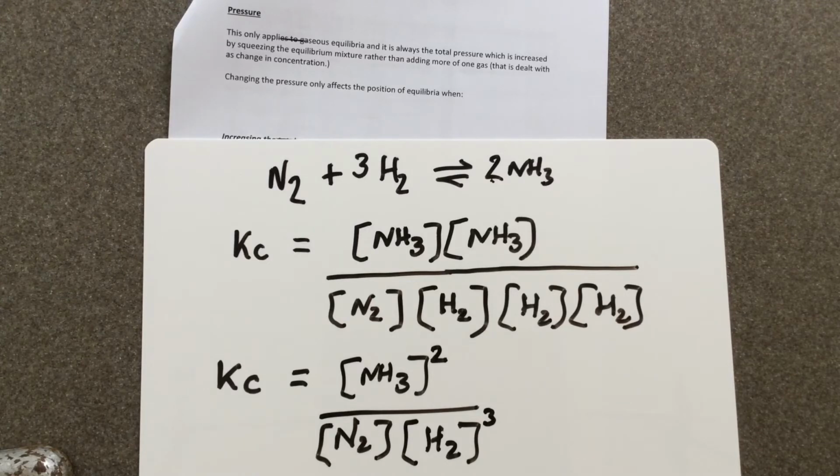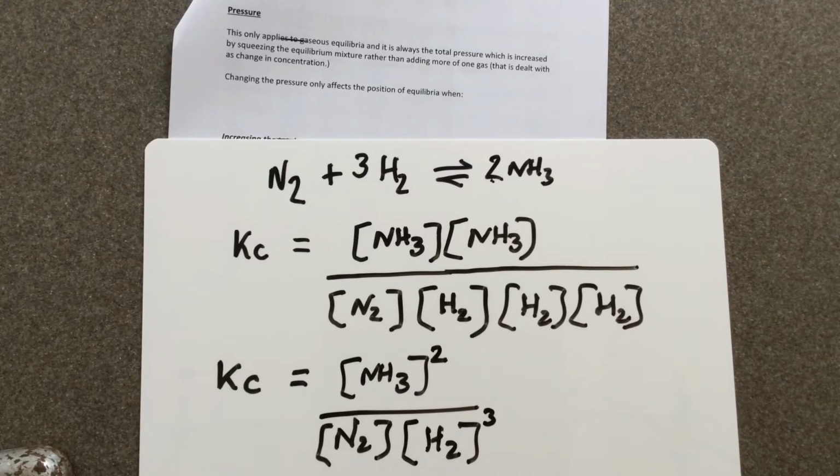Well, Le Chatelier said, if you remember, although you don't actually need to memorise his idea, you just need to know the idea, what it is, don't need to be able to regurgitate that in an exam. Le Chatelier said, whatever you do, the system, the equilibrium, is going to do the opposite. So I'm going to increase the pressure. So the system has to try and do the opposite. It has to decrease the pressure.